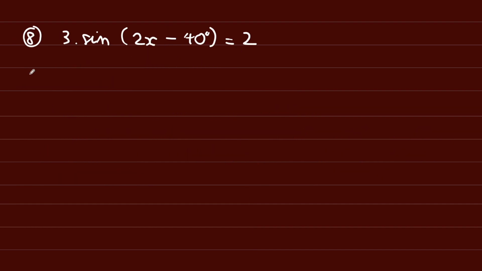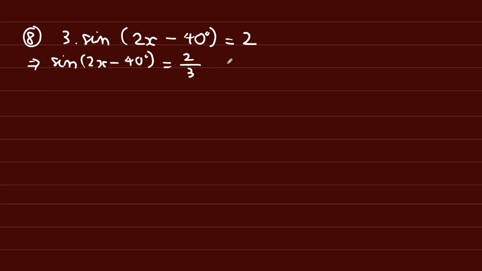Okay, move to another example. For question 8 on the screen, 3 sine open bracket 2x minus 40 degree close bracket equal to 2. A little harder than the previous exercise. We have here a sine with a bracket for this one. So the first step, I need to make sine of 2x minus 40 degree the subject, equal to 2 over 3.